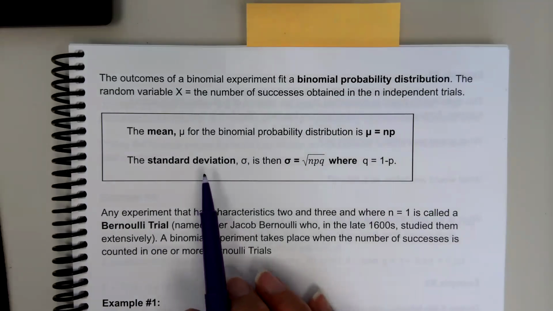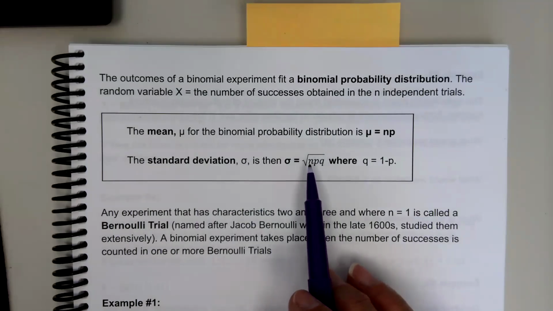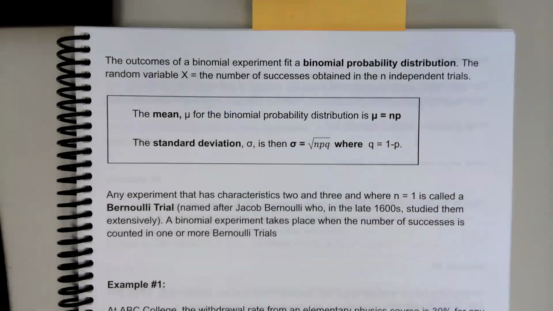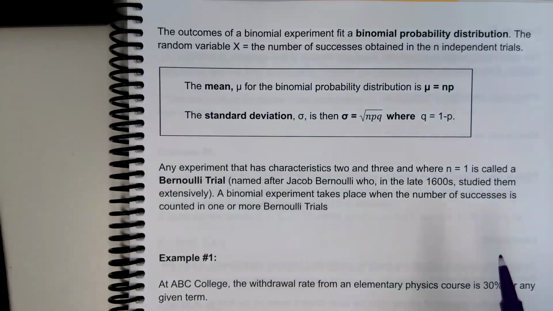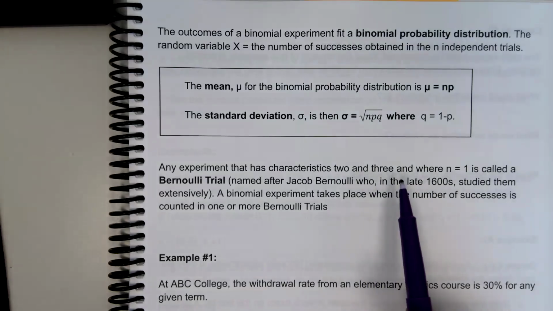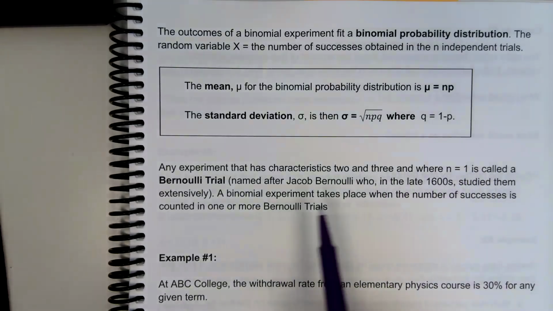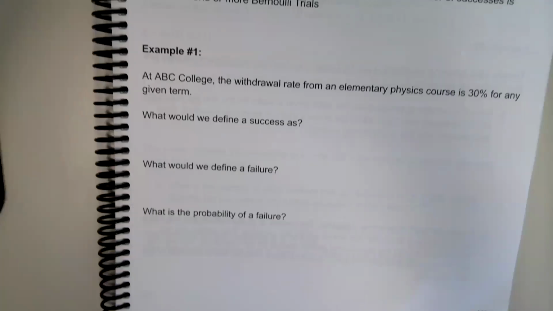The standard deviation is sigma, and that equals the square root of n times P times Q. And we have a Bernoulli trial. A Bernoulli trial is an experiment that has the same characteristics 2 and 3, where n equals 1. So your sample size is only 1. That's a Bernoulli trial. So let's dive into these binomial experiments.